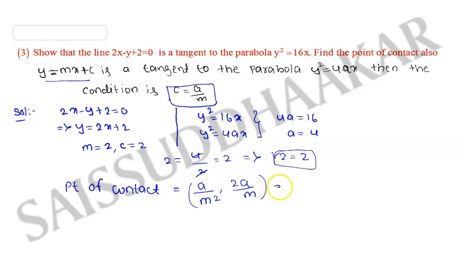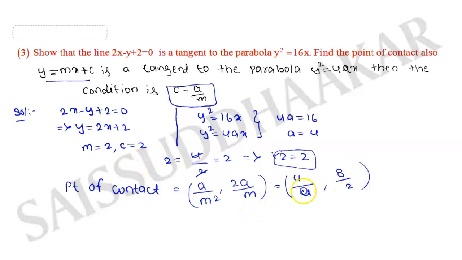So here I already have the value of a, that is 4, and m is 2. 2 square goes to 4, comma 2a, so 2 into 4, that is 8, by m. So m value is 2.